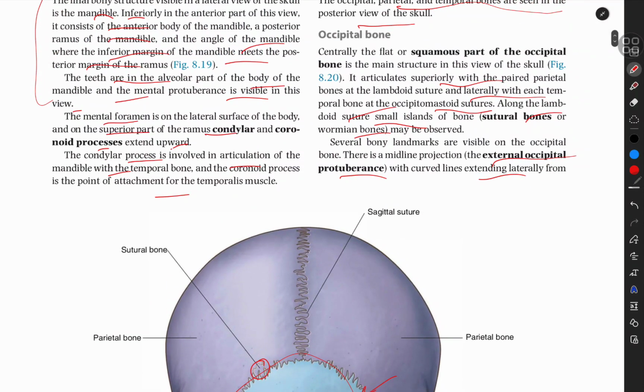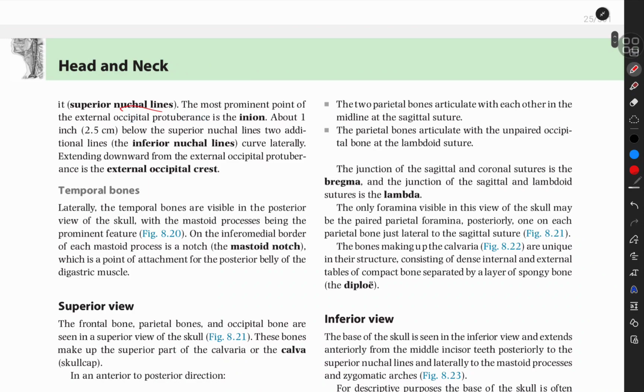With curved line extending laterally from the superior nuchal lines.